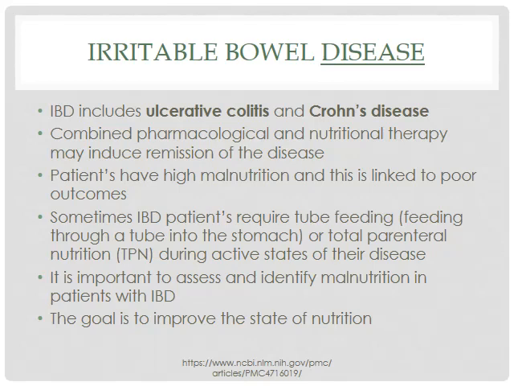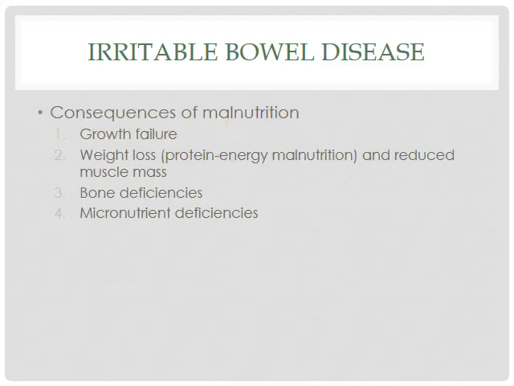It's important to assess and identify malnutrition in patients with irritable bowel disease. The goal is to improve the overall state of nutrition. Consequences of malnutrition in irritable bowel disease can include growth failure, weight loss or protein energy malnutrition, reduced muscle mass, bone deficiencies, and micronutrient deficiencies.